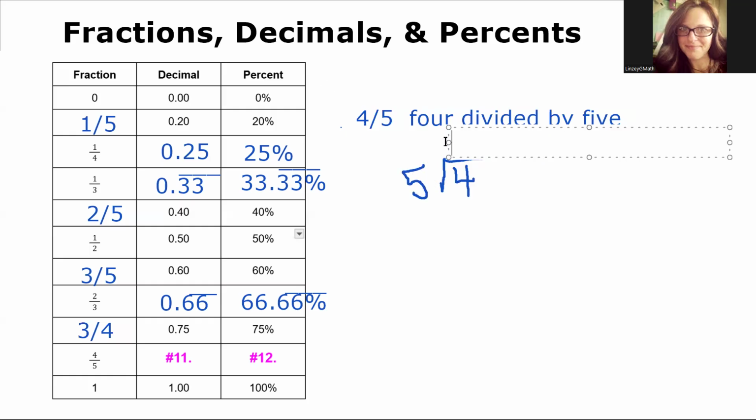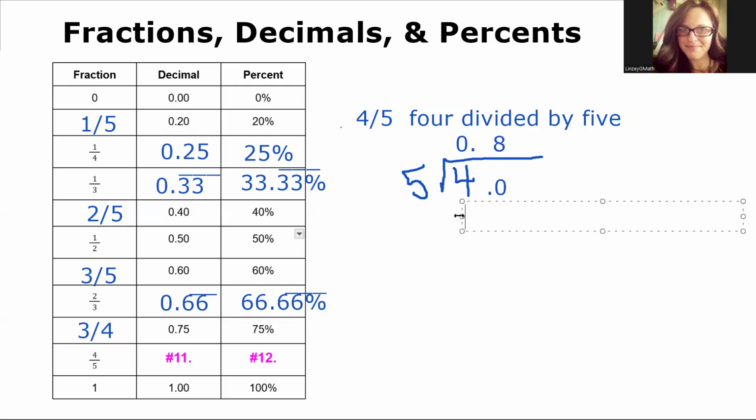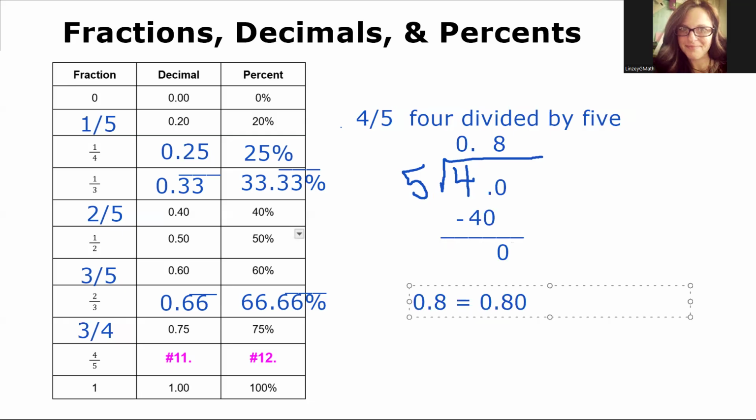And 5 does not go into 4, so we'll add a 0 and a decimal. 5 goes into 40 8 times. 8 times 5, we get 40. Subtract, and remainder 0. So we get 0.8 or 0.80 for our decimal.